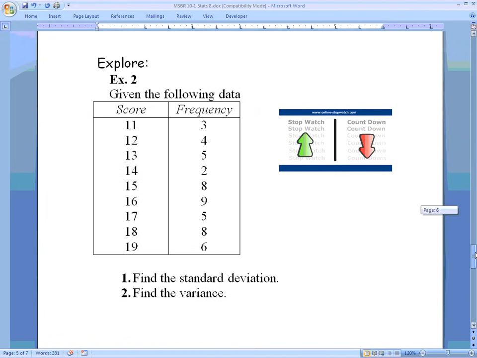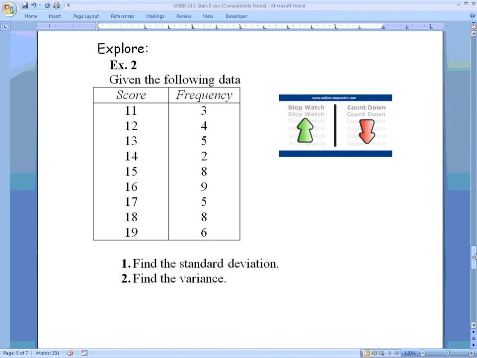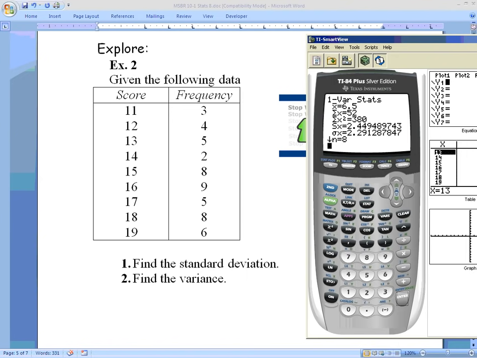So here on our last example, I've got a frequency table, 11 through 19 with different frequencies. Let me pull up the calculator again, and we can enter these in together here. We're asked to find the standard deviation and the variance. So stat, edit, list 1, I'm going to clear that list out because I have a whole new set of values.